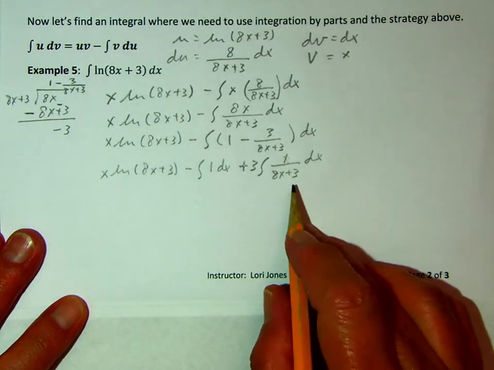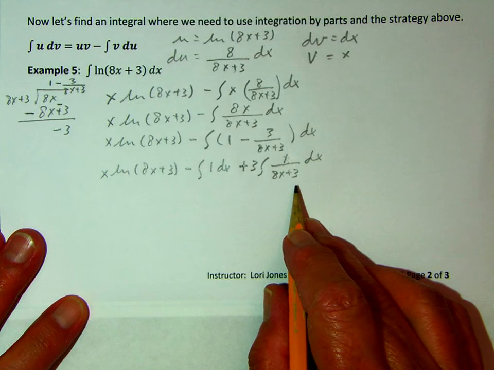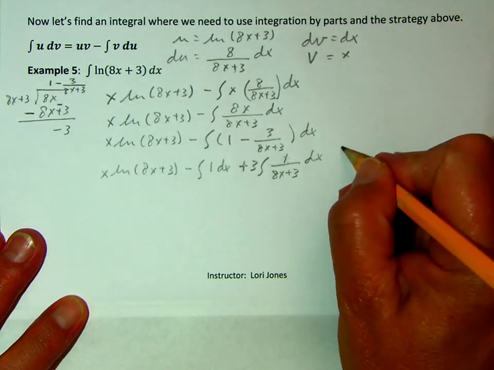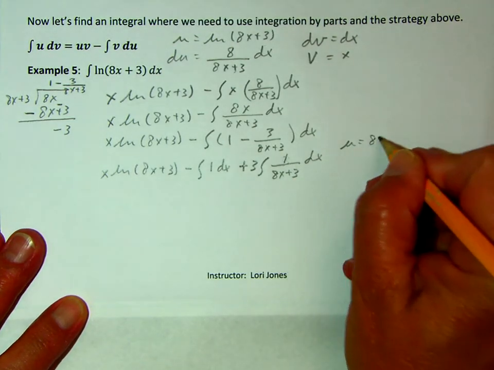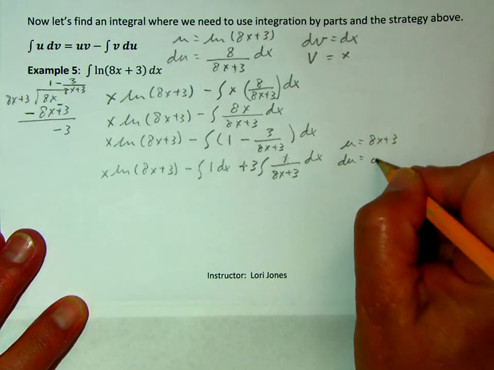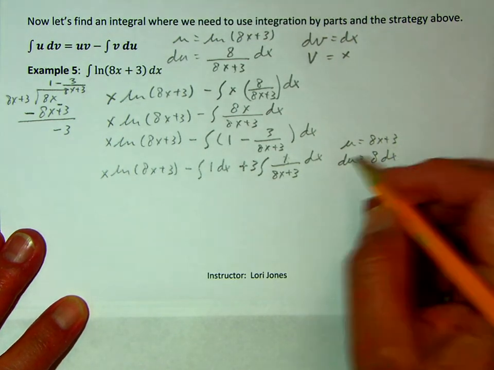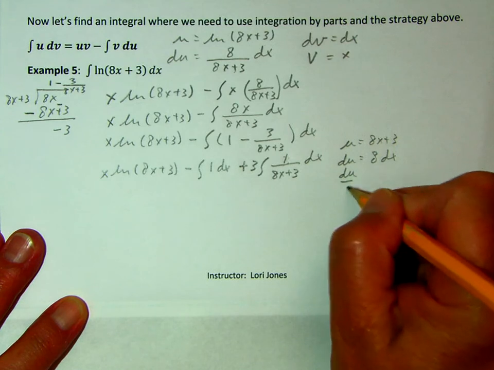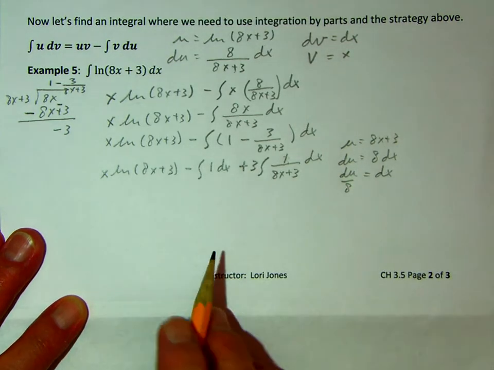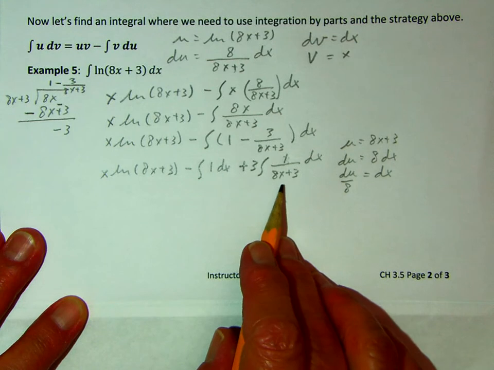And now we want to go ahead and use u substitution to do this piece. So if u is 8x plus 3, du would be 8 dx. So du over 8 would be dx. So let's go ahead and put in that.